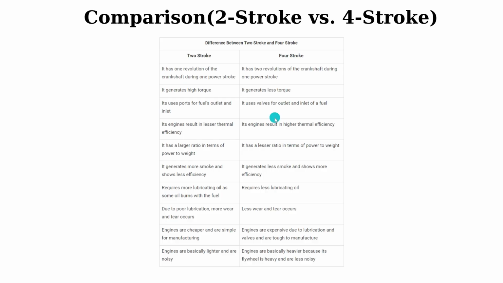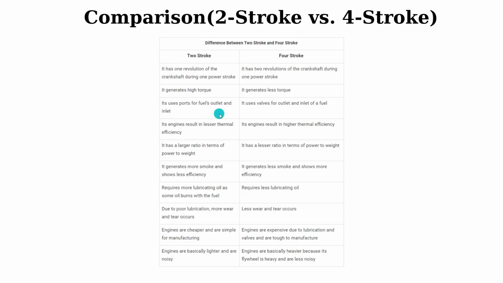But a four-stroke engine produces power once every two cycles. This means power production is less than two-stroke. However, the power is smoother and more controlled. So we can say that two-stroke engines are more powerful for their size, but four-stroke engines provide smoother performance.